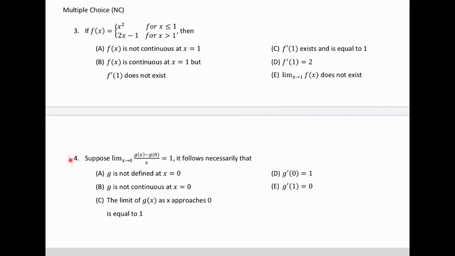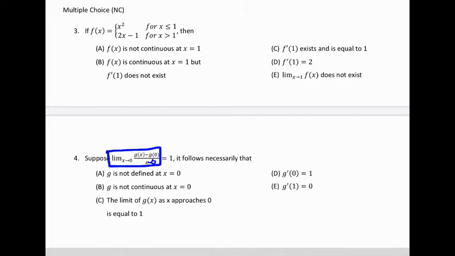Number 4 says, suppose the limit as x approaches 0 of g of x minus g of 0 all over x equals 1. It follows necessarily that, and I've got a bunch of things that I have to decide from here. Well, the limit as x approaches 0 of g of x minus g of 0 all over x is missing in the bottom the very explicit change in x, but look at the values I have here, x and 0. x minus 0 is just x.